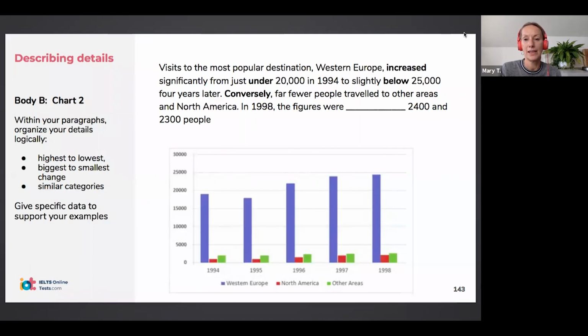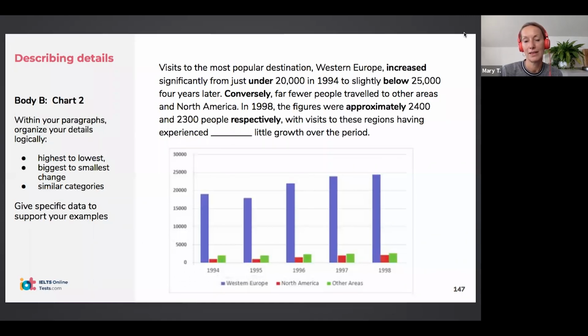In 1998, the figures were something, 2,400 and 2,300. Approximately, or around as well. Yeah, approximately is probably slightly more academic. And a word that finishes this off. Respectively, that's a really nice way to finish that part.